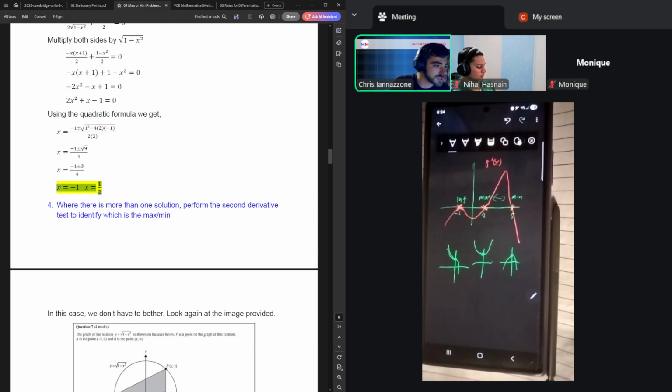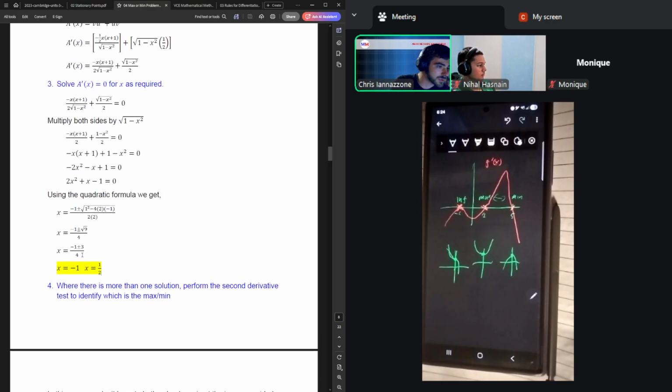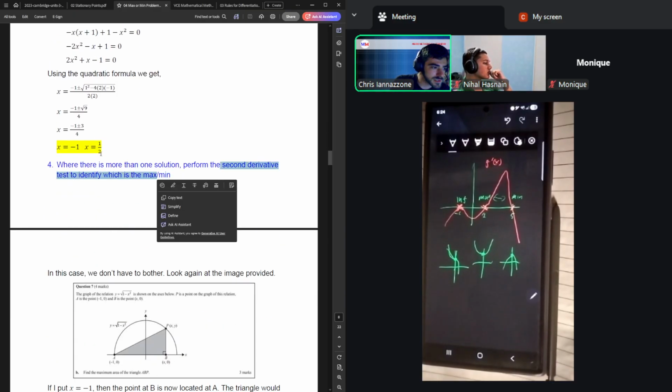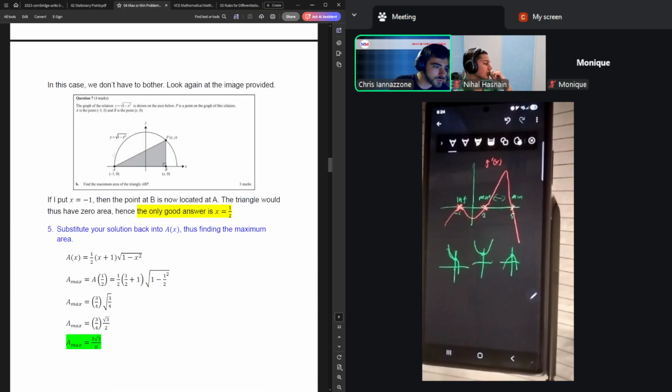Now, one of the things that was challenging also about this one was that you get two solutions to derivative equals 0. So we'll ignore the math for now. We get these two solutions for derivative being 0. When there's more than one solution, you can do the double derivative test to figure out what's a max and what's a min. But with the applications, you usually get a little picture.